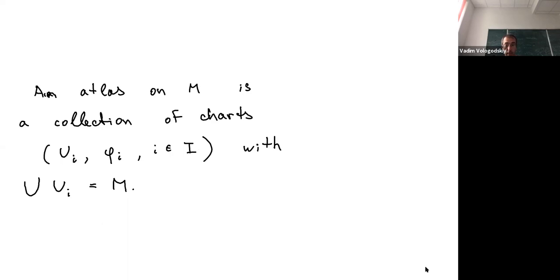Now imagine that we have an atlas. I can cover my manifold with open sets, and for each open set we are given a homeomorphism between this open set and an open subset of Rn. Let's draw a picture.